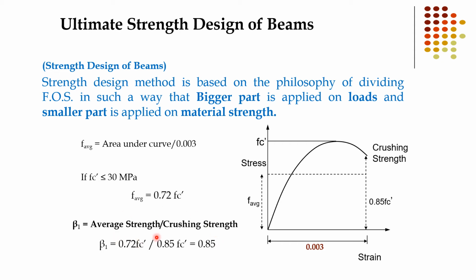For the derivation, the most prominent person is Whitney, a scientist who developed the philosophy and derivation for calculations of concrete members. For that purpose we use beta 1, the average strength divided by the crushing strength.